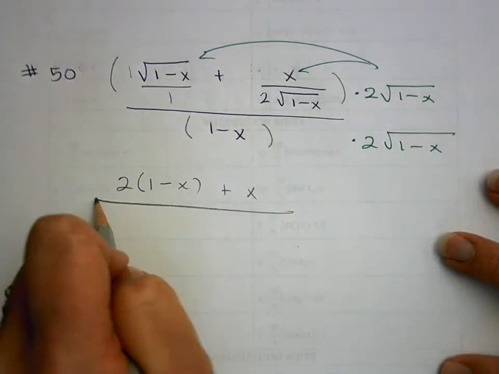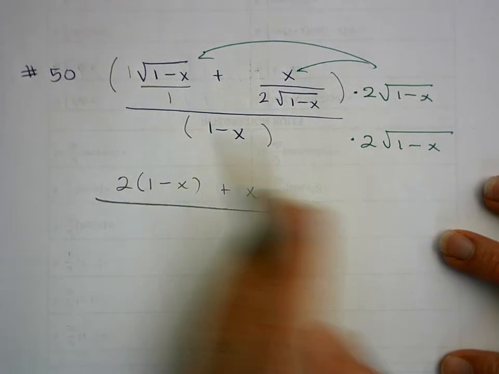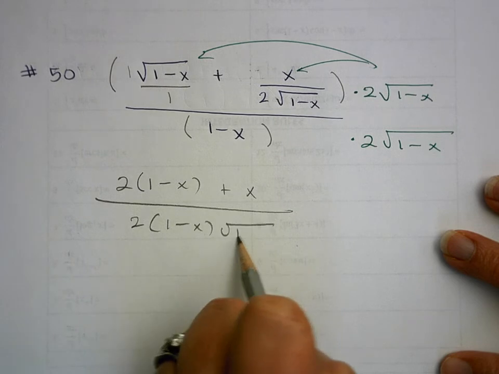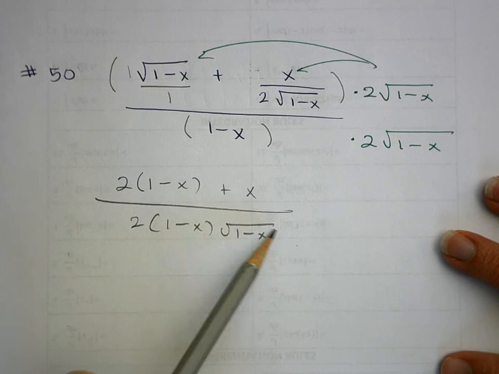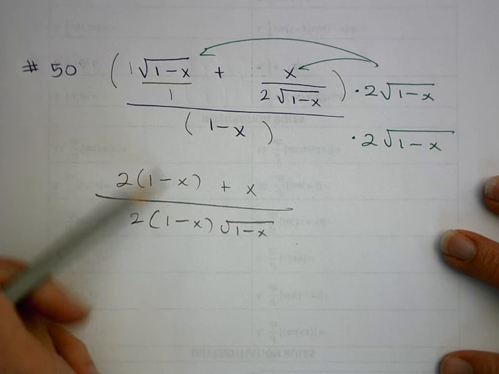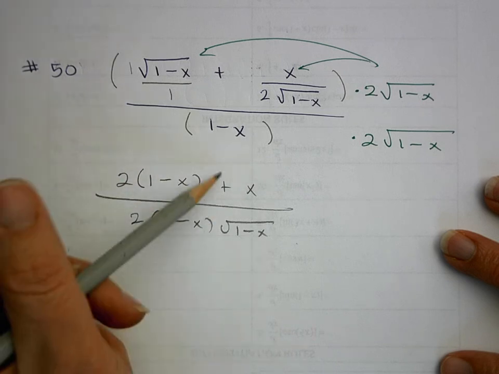And then down here, I don't want to distribute that, but I do want to put it in the right order. So I want that coefficient of 2 first. And then I like to have my radical in my last spot, and that's just so that I know the radical piece belongs just to that 1 minus x. And then these will not cancel because this is not a factor of the numerator, right, because of that addition.